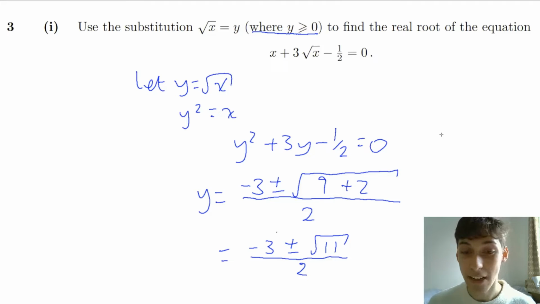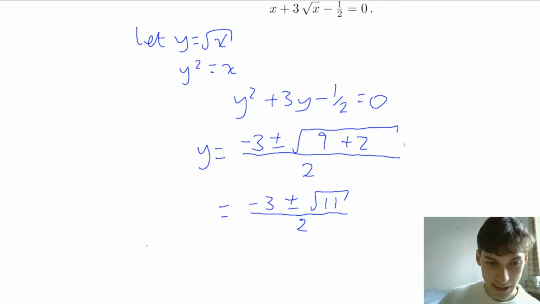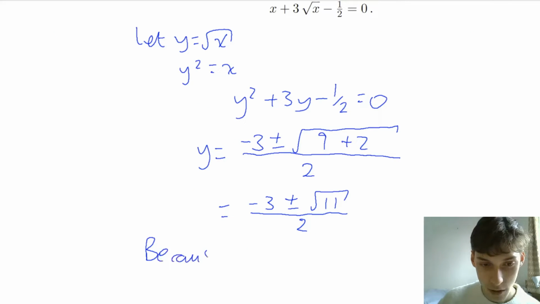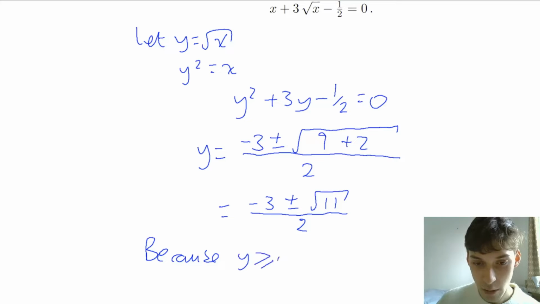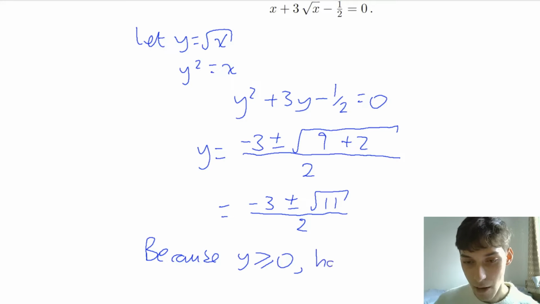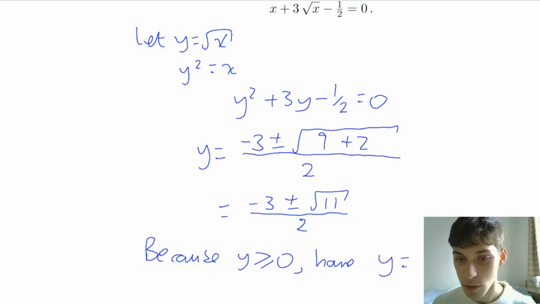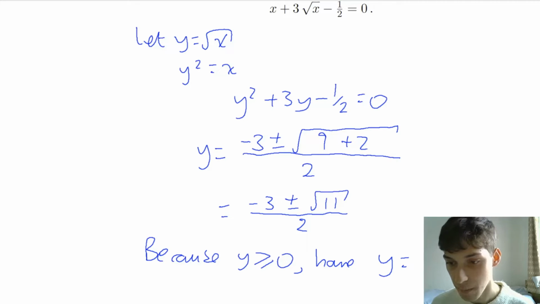But if we take the plus square root, we have y is equal to minus 3 plus root 11 over 2, which is greater than or equal to 0, so that's fine. So we can say because y is greater than or equal to 0, y is equal to minus 3 plus root 11 all over 2.